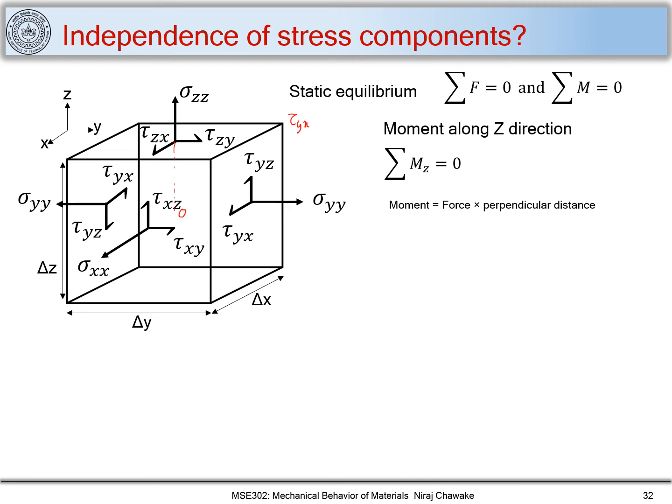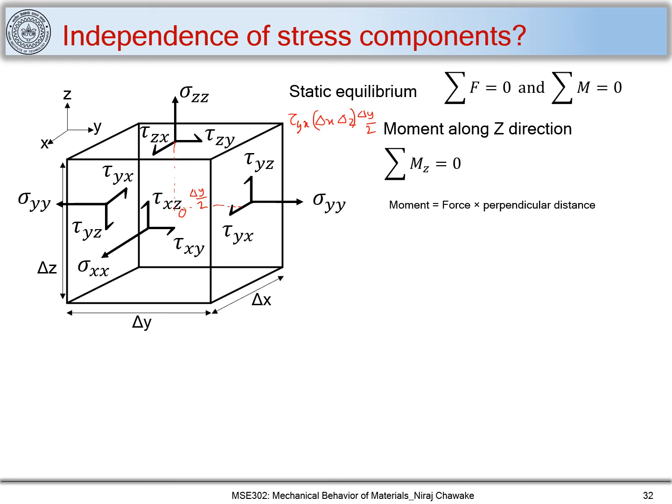What will be the area of this plane? It is delta x into delta z, and for calculating moment we should multiply by a distance. So this will be delta y by 2, and I should multiply it with delta y by 2.